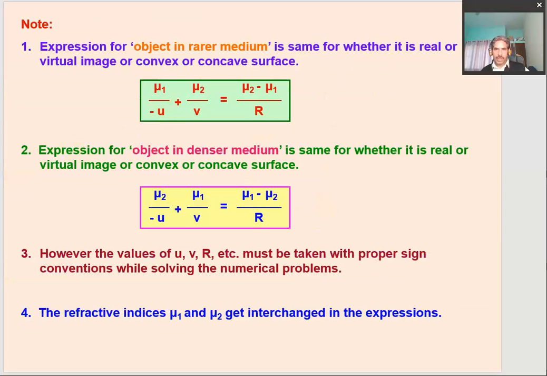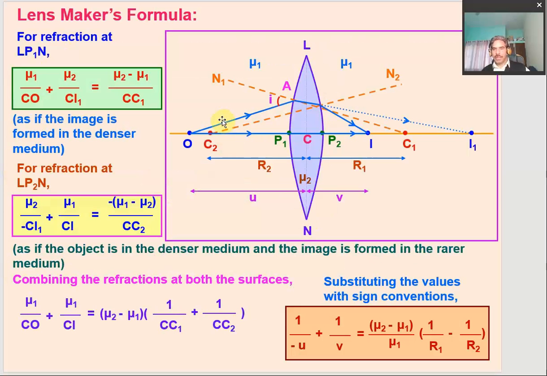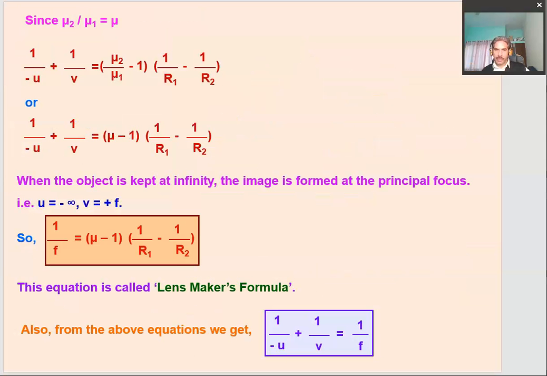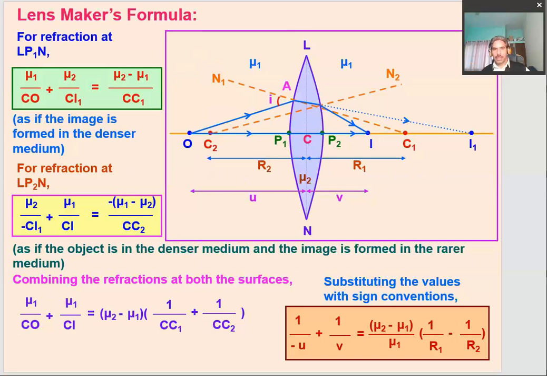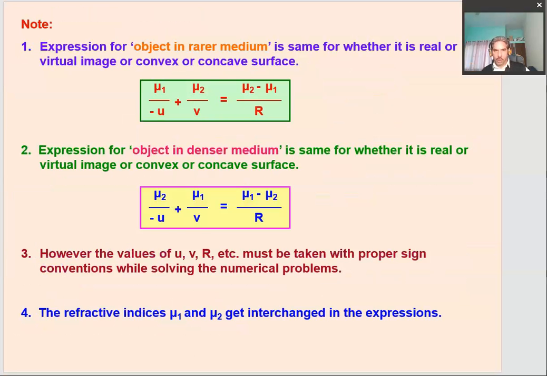By using these two equations, we will derive a very important formula called the lens maker's formula, and from this formula we will further derive the lens formula, or lens equation. These are the only crucial steps to be followed here.